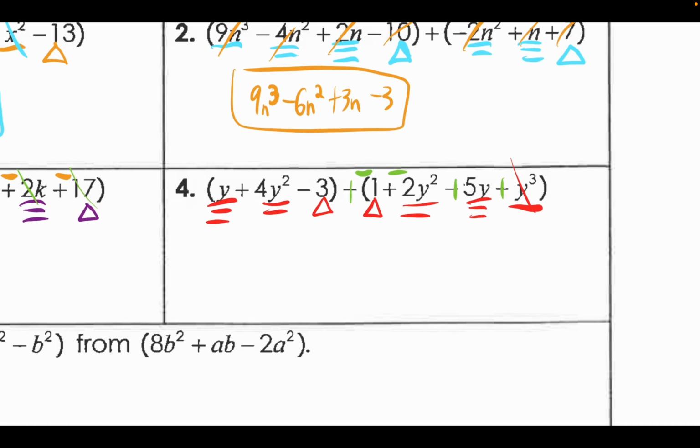So y to the third coming first, and then next would be 4 and negative 2 y squareds, which is positive 2y squared. Next is 5y and y, and that would give me 6y. And last but not least is negative 3 and negative 1, which give me negative 4.